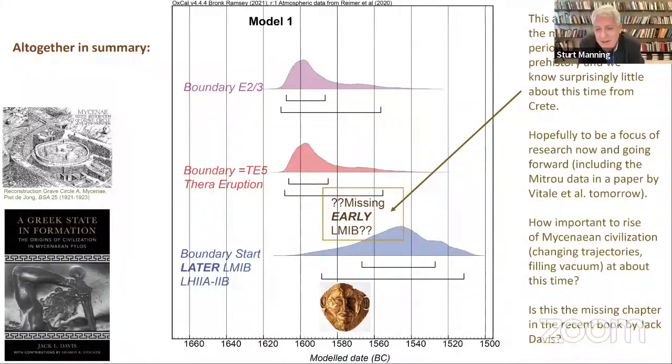In particular, if we look at the radiocarbon evidence we currently have, both from the mainland and from Crete, for when later, and I stress later, LM1B, and when LH2A to 2B begin, we have this period from somewhere around the 1580s through to about the 1550s, where we really don't have any evidence. And we're missing evidence at this point.